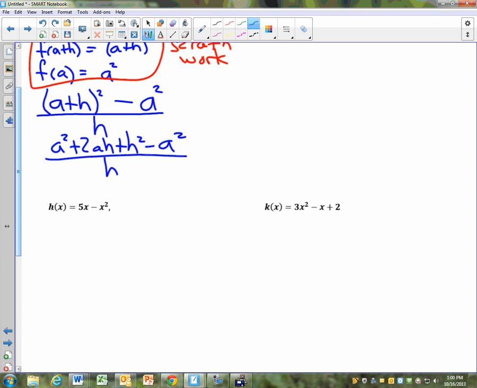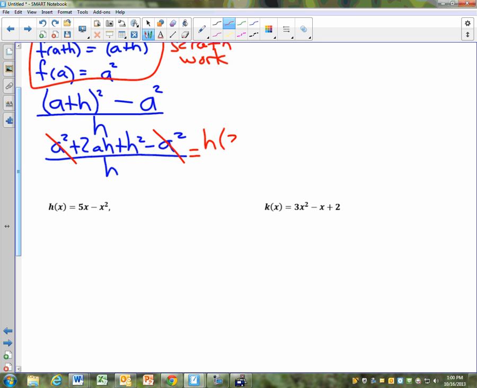Now here comes the fun part. And you were thinking to yourself, it's all fun. How can he categorize one as more fun? That's what we do. So what cancels? A squareds cancel. What do you notice about what's left? They both have H's in them, and there's an H on the bottom. So I can factor an H out of the top.